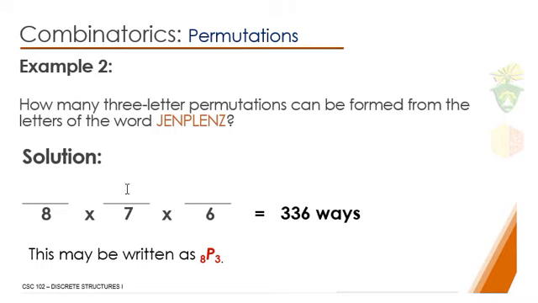For the second character, how many are still possible? 7, and then 6, because we only need three characters. Or it can be written as 8 permute 3, or 8 taken 3 at a time.